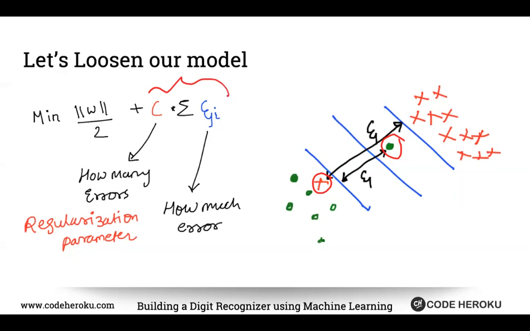If you set C to 0, that is a hard SVM, where there is no margin for error. If you allow for some errors, if you set C to 0.1 or something in that range, you can. And again, this is a hyperparameter. Your model can't find it for you. You need to run some experiments on your data set and set the regularization parameter such that it works well on your data set.